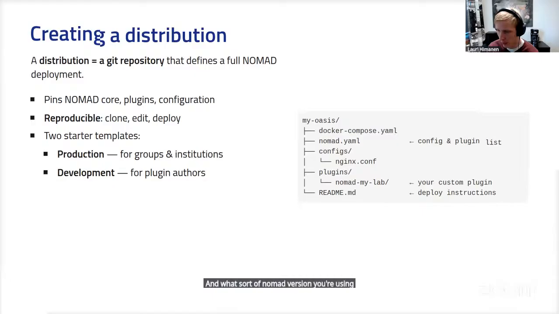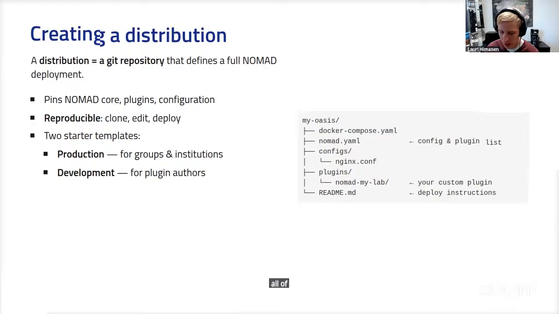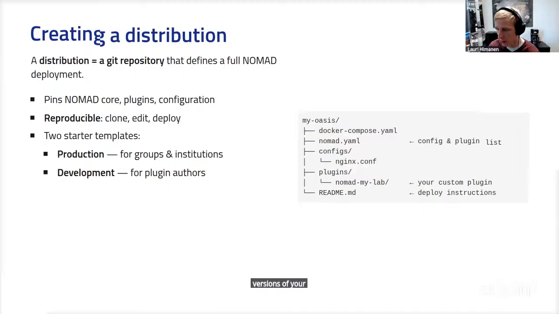So it's essentially setting up all of the details of how you want to run your deployment, and it's a Git repository because this makes it easily reproducible. So you have basically version control for different versions of your distribution.